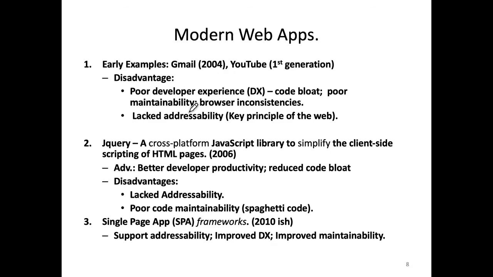Now, what I mean by that is when the user navigated around the app and different pages appeared in the browser to the user, the URL in the browser never changed. We know that addressability is one of the core principles or qualities of the web.